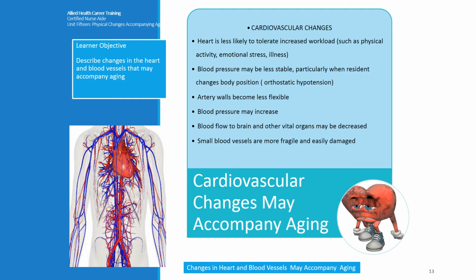So your blood flow to your brain and other vital organs may be decreased. Your body is designed so that if you have poor circulation or a circulatory issue, your heart is going to send blood to your vital organs first. So it's going to send blood to your brain, your lungs, your liver, your stomach.